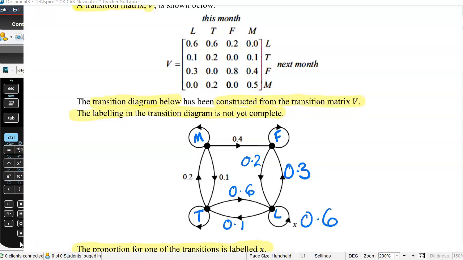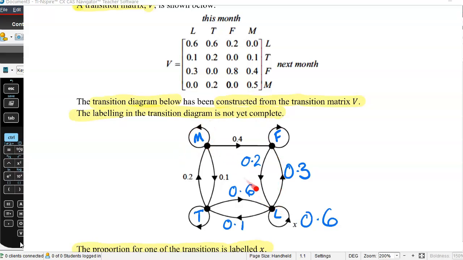Now you can see there's a few zeros in there. That means that there wasn't any movement between those two states. So between L and M, you don't go from L to M. So that's why they can't be linked on this diagram.